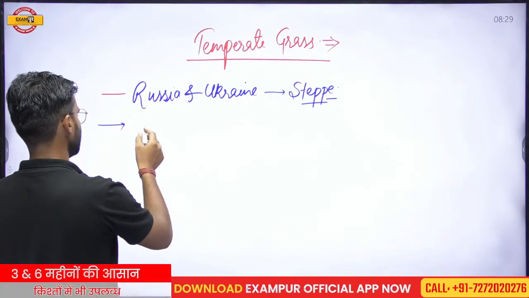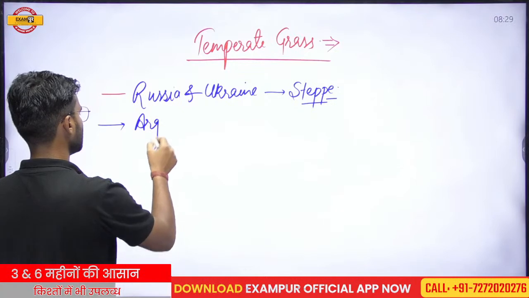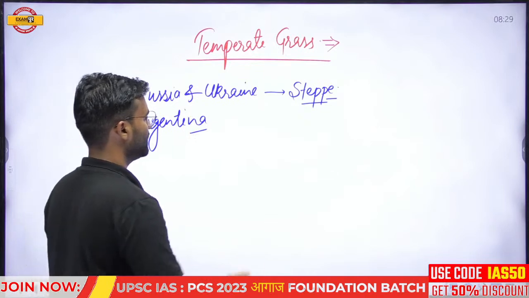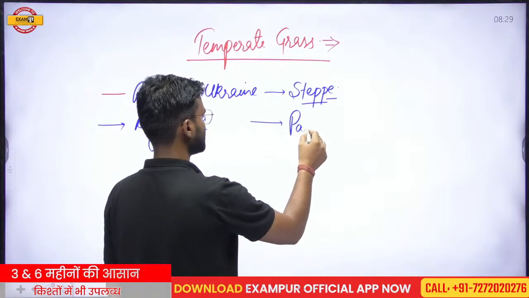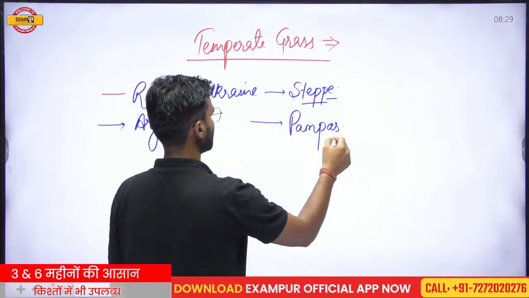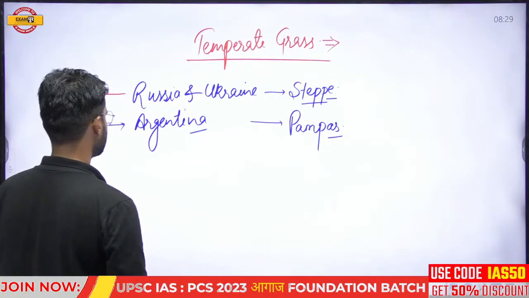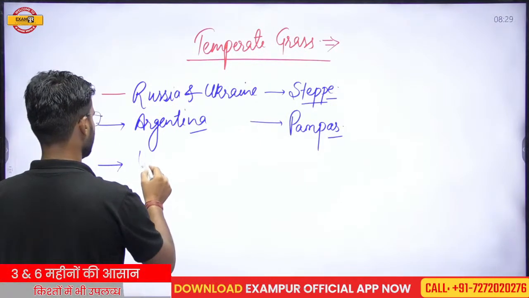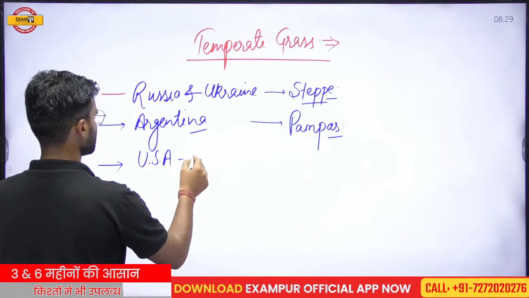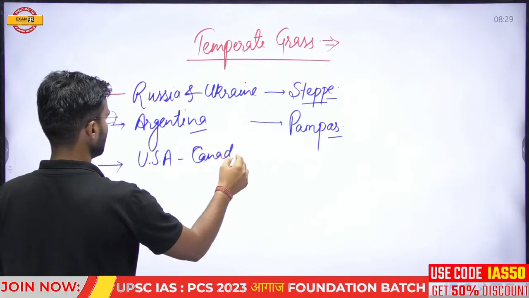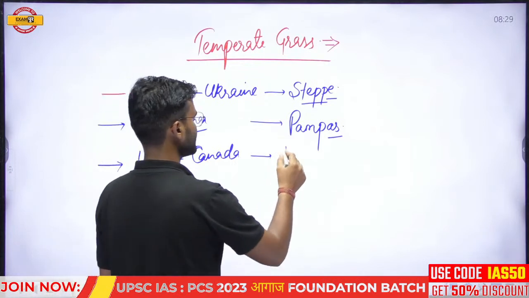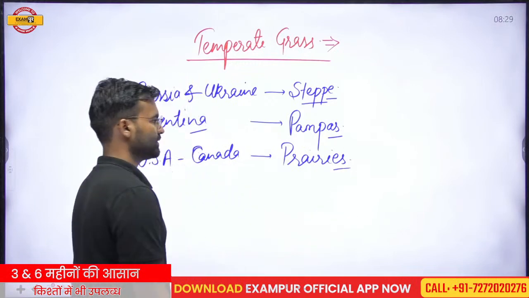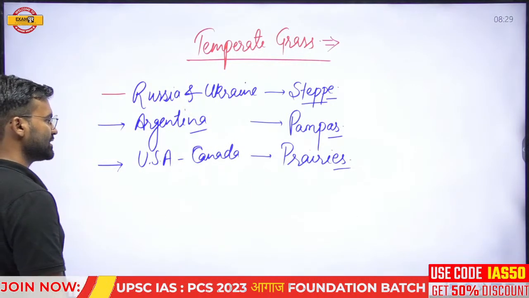If this type of grassland is found in Argentina, then this grass is called the pampas. If the grass is found on the USA and Canada border, this is called the prairies. Okay, so steppe, pampas, prairies.